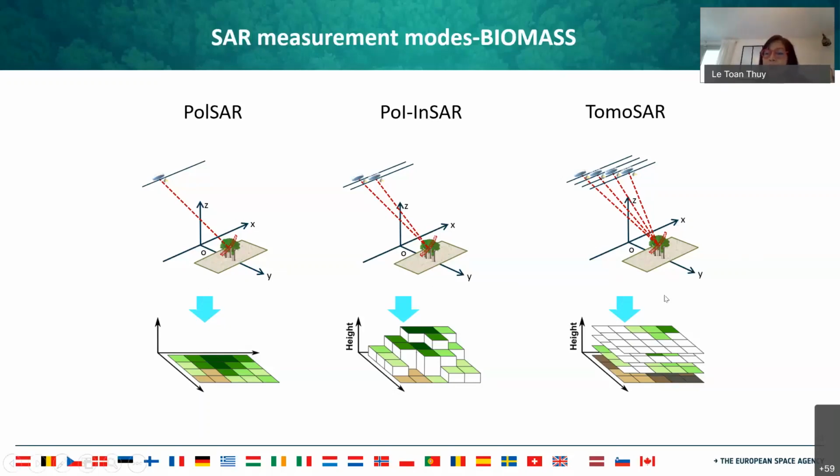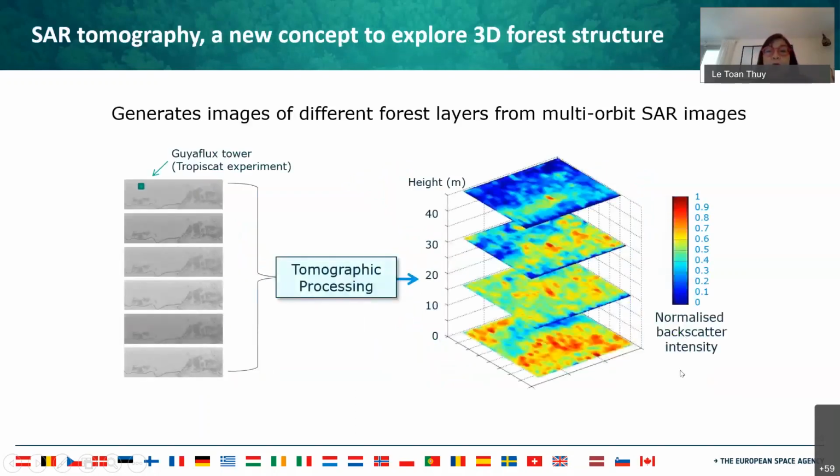And at the beginning, maybe less than 10 years ago, we used TomoSAR, the TomoSAR that you have seen with Plymouth. Here is the flux tower, and the top of the flux tower here we can see at 45 meters.